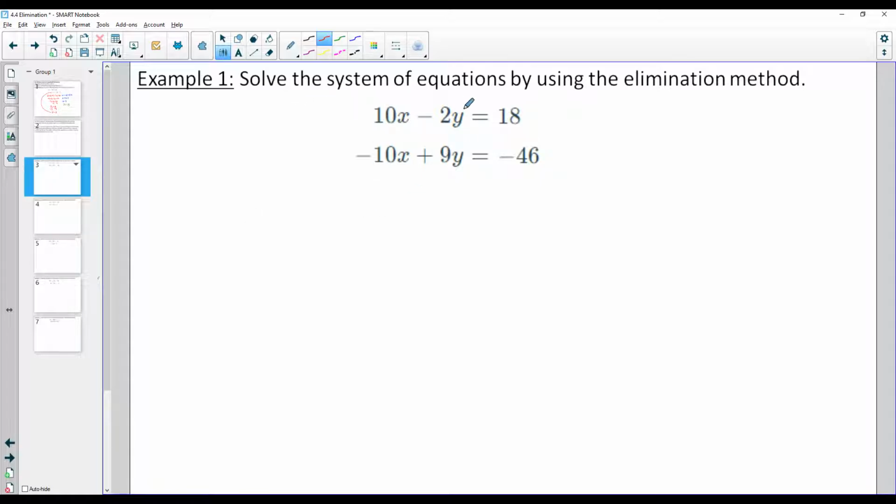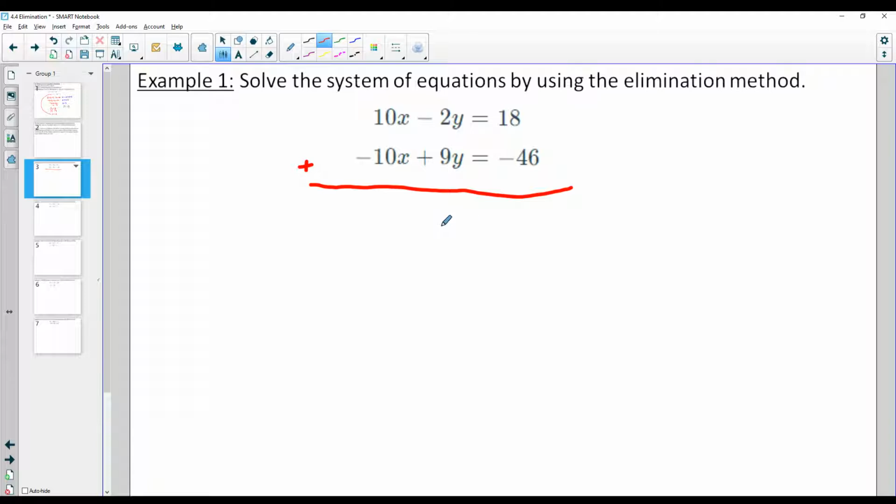Example 1: solve the following system of equations by using the elimination method. What I want is either the coefficients on the x's or the y's to match or be opposite. Luckily, I see I have 10x and negative 10x, so those are opposite. So I'm just going to add the two equations together, because 10x plus negative 10x is going to cancel.